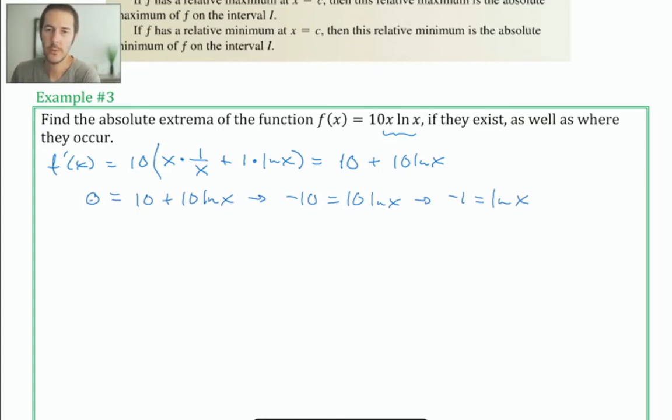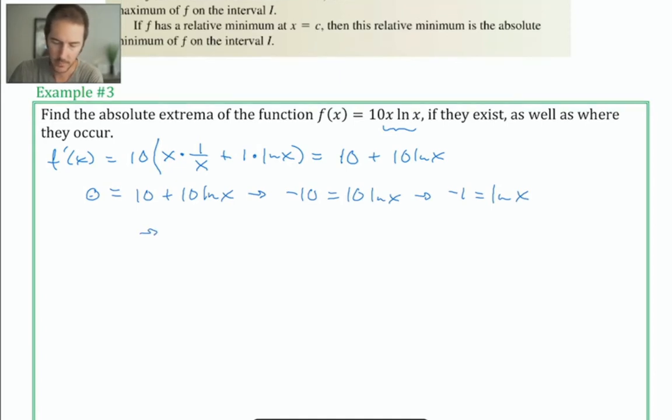In order to do that, I'm going to make the left hand and right hand sides of this equation an exponent over e. So I'm going to put another little arrow down here that shows I'm still working on it. I'm going to write this as e to the -1 equals e to the natural log of x. Now e and natural log cancel each other out when they're used this way, or if it were the natural log of e to a power, they would also cancel out there.